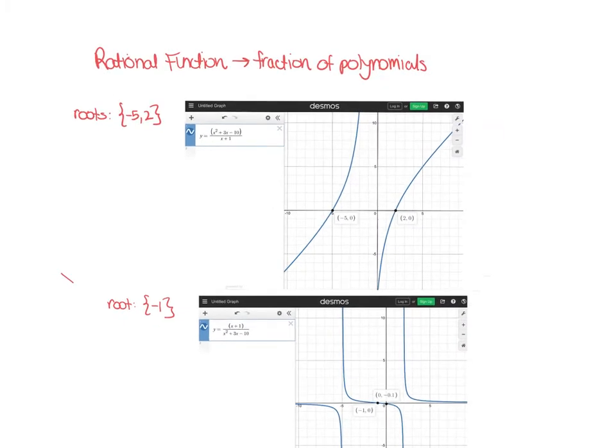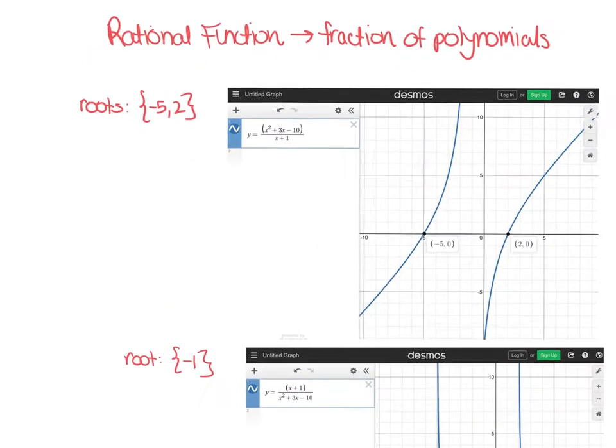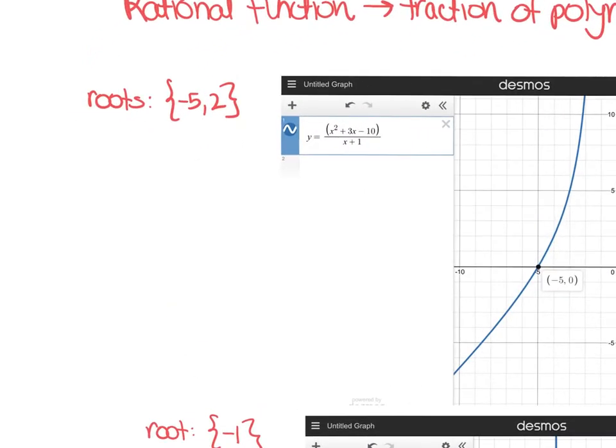Okay, so you might be thinking, what gave us these roots? We know a root or a solution happens when our function equals 0. So if you did set your function equal to 0, let's say this one right here, x squared plus 3x minus 10 all over x plus 1 equal to 0, and you tried solving that, you would cross multiply.